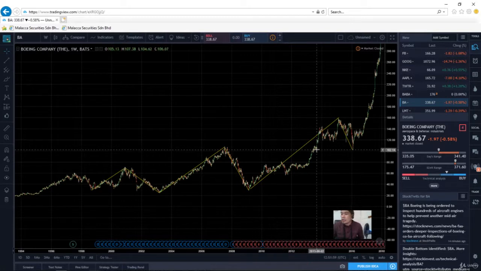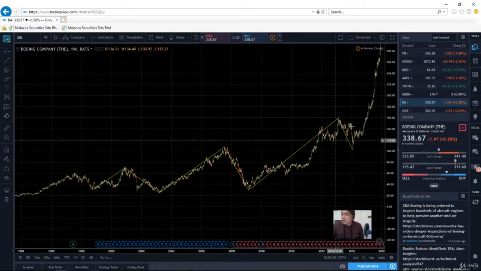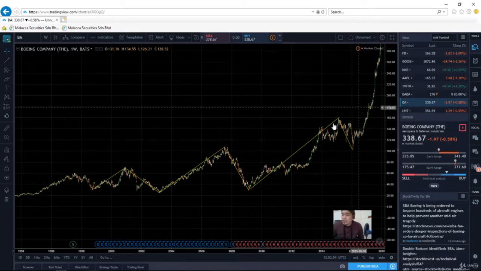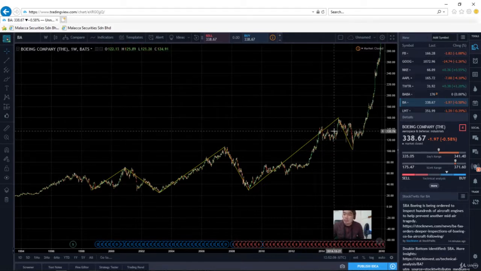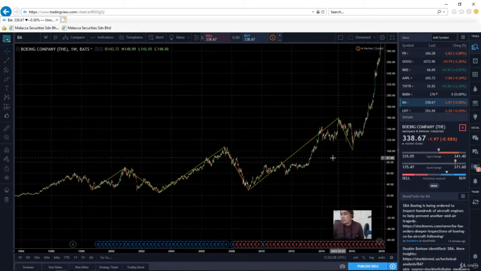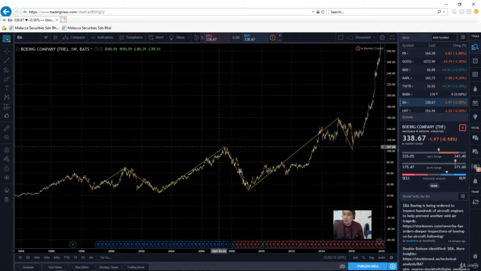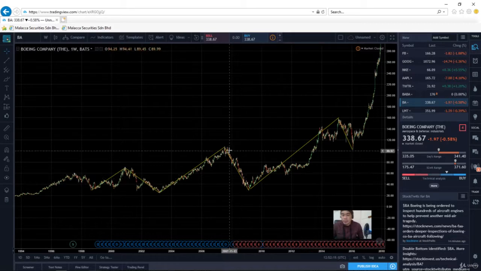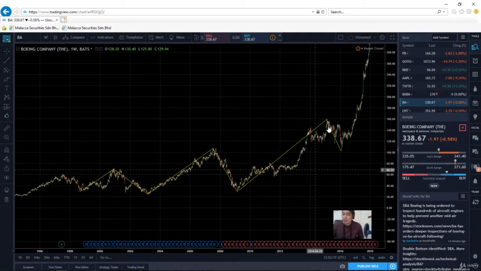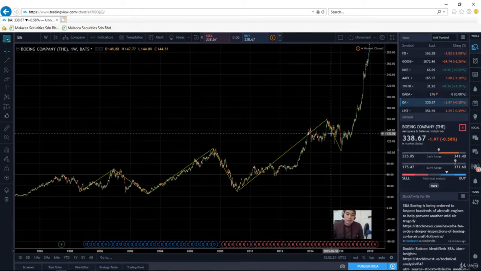It is obvious that the sellers become less aggressive at this part. Here you can see that it retraces less, just a little bit compared to the previous retracement. And hence, after the retracement, it can go higher than the previous high.